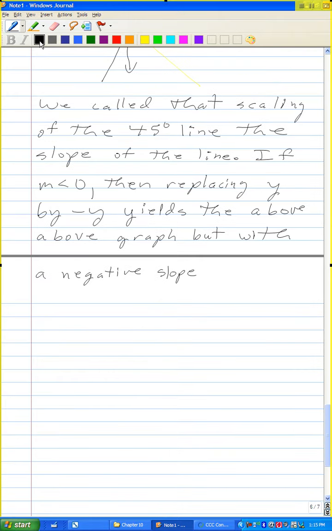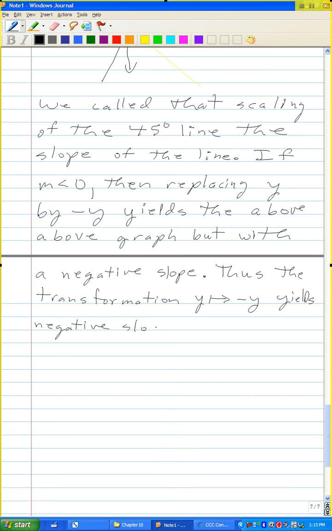So, thus, the transformation y going to negative y yields negative slopes.